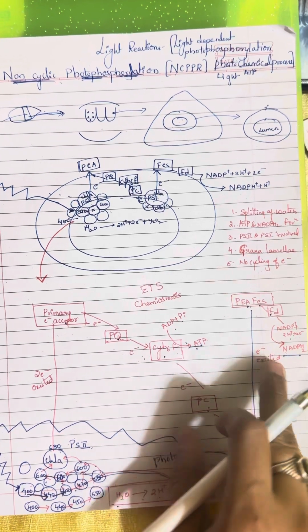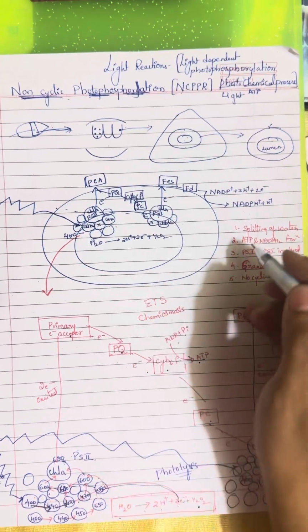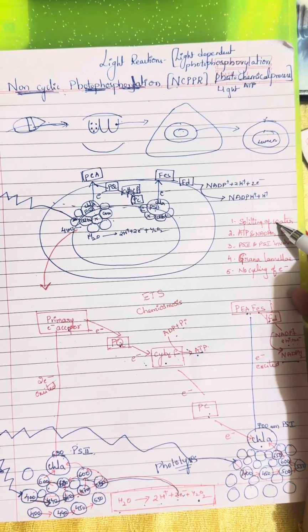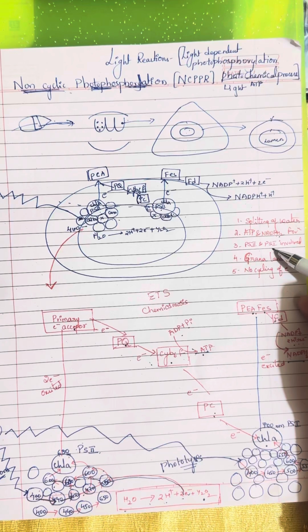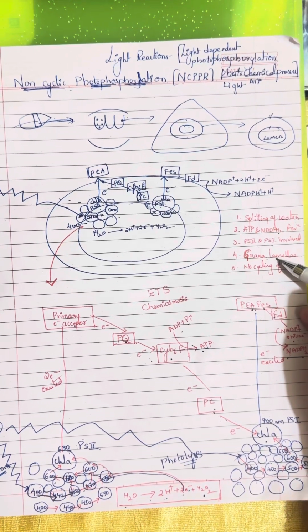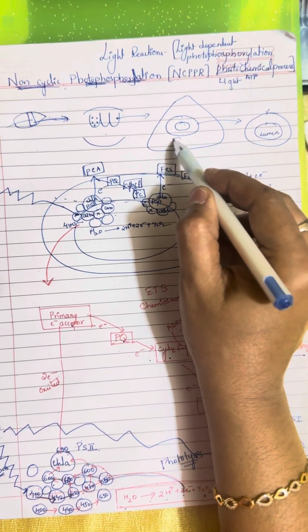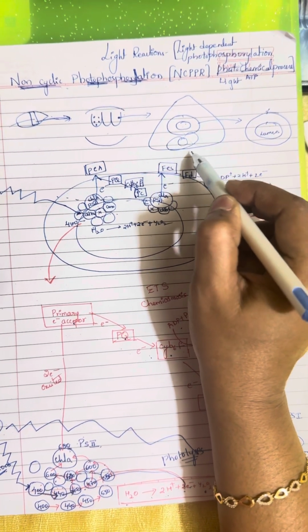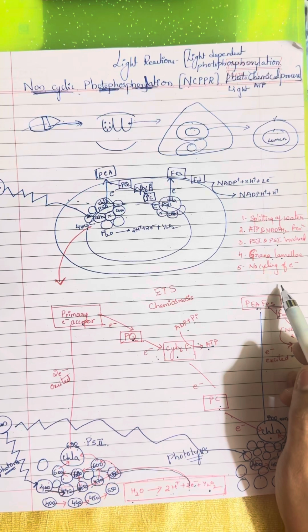So the main highlight is the preparation of energy. I recall once again the main processes: splitting of water, ATP and NADPH2 formation, PS2 and PS1 involved, occurring in the grana lamellae, in each thylakoid.